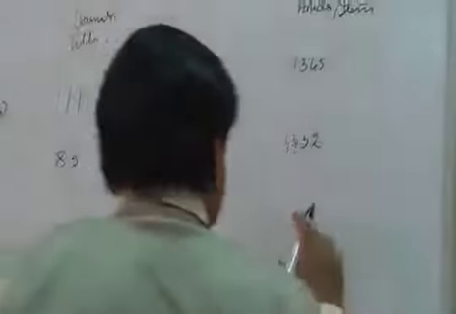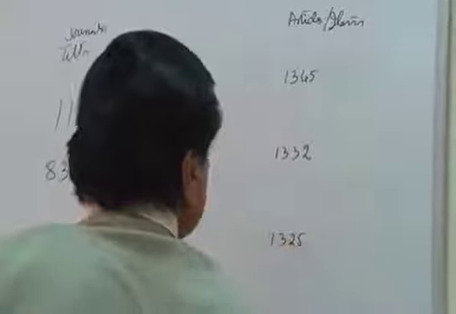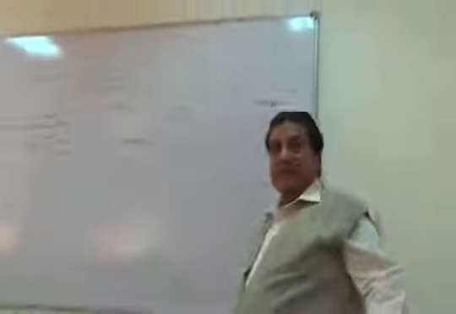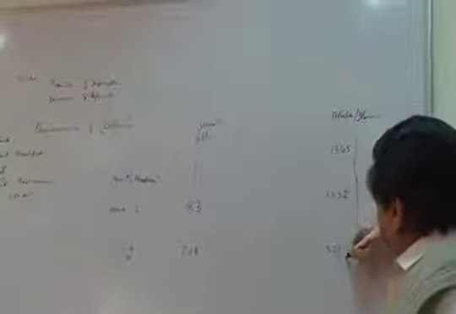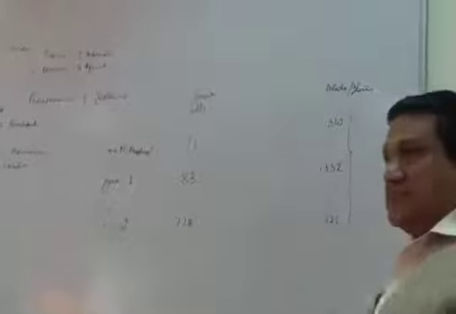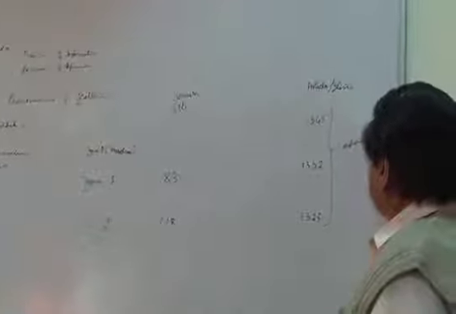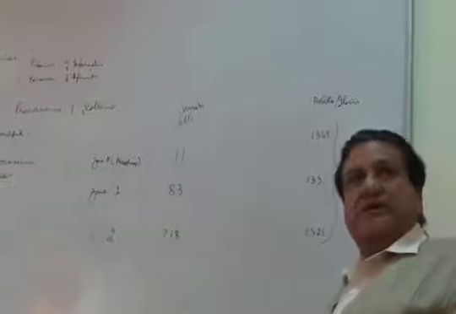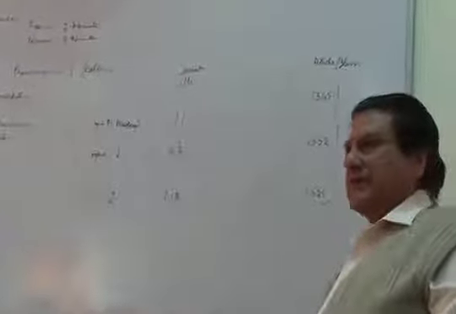Carrying how many articles? 1325. It means that the number of articles appearing in the 3 zones is constant. In a statistical sense, it is constant.